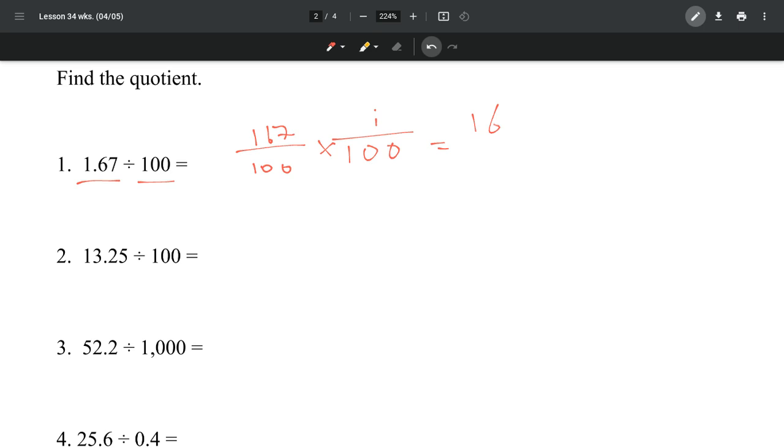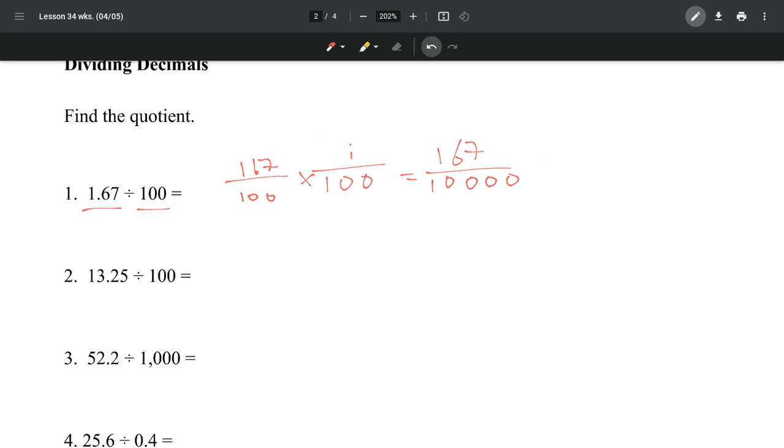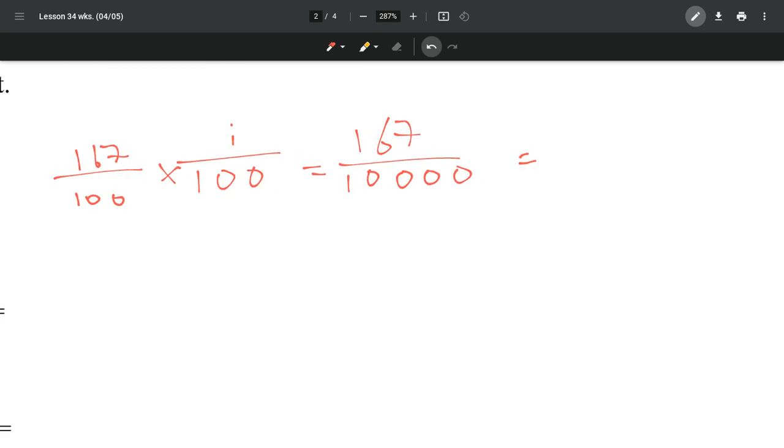And that is 167 over 10,000, which equals, we're going to move it 1, 2, 3, 4 times, so that's 0.0167, right?